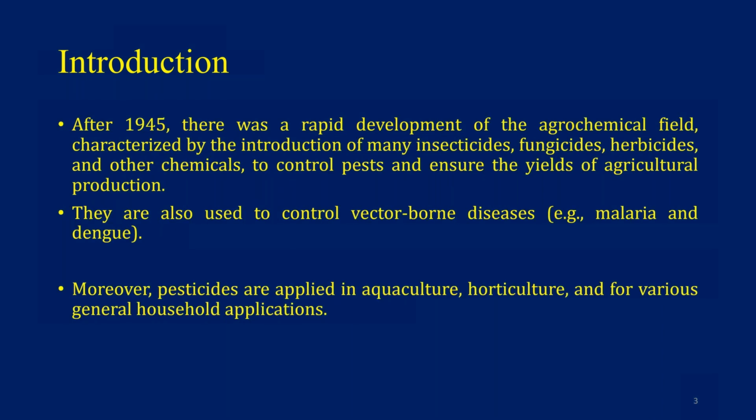After 1945, there was a rapid development of the agrochemical field characterized by the introduction of many insecticides, fungicides, herbicides, and other chemicals to control pests and ensure the yields of agricultural production.